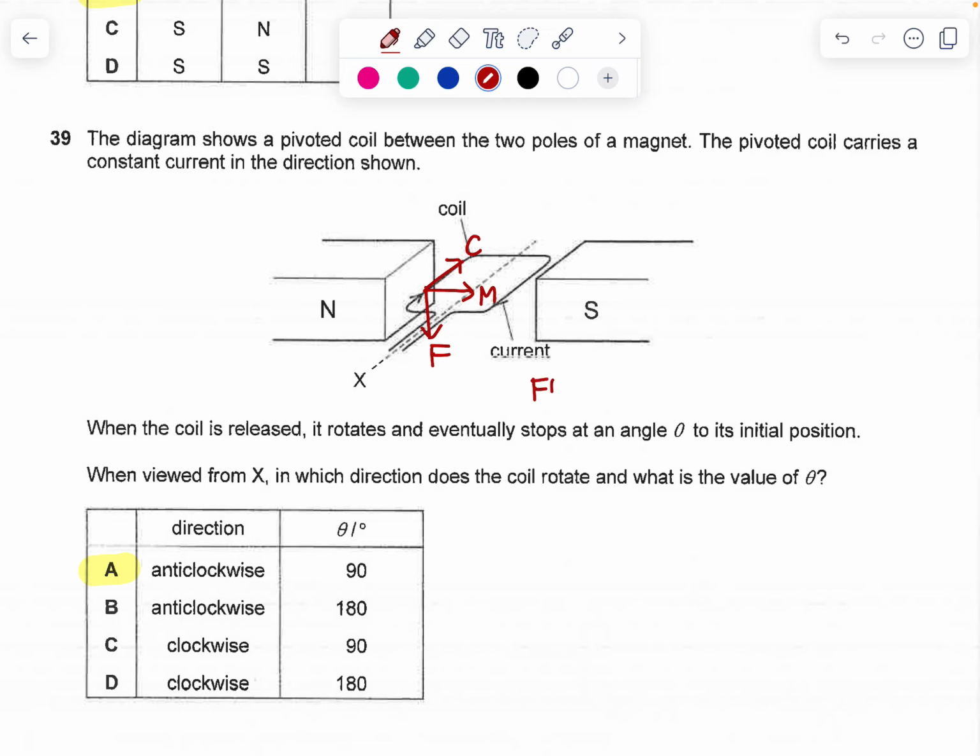Using Fleming's left-hand rule, the coil should go in an anti-clockwise direction. Similarly, we can do it for the other side as well. M is this direction, current this direction. From left-hand rule, you realize that force is up.